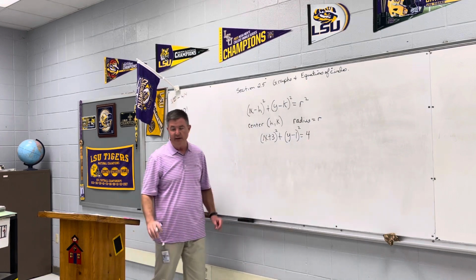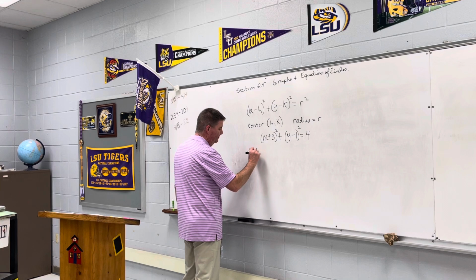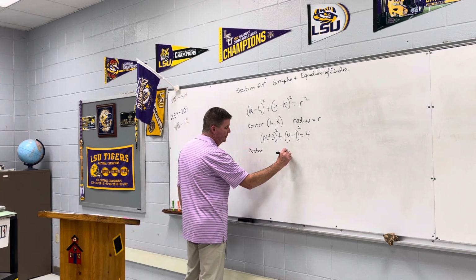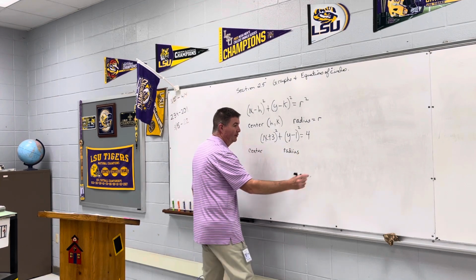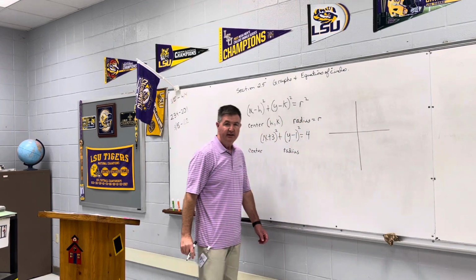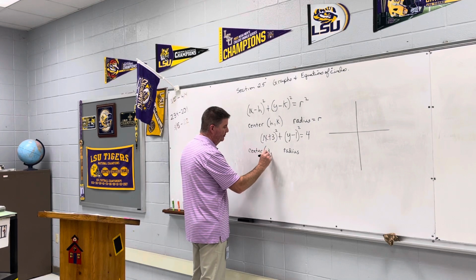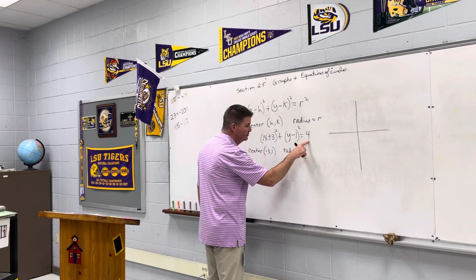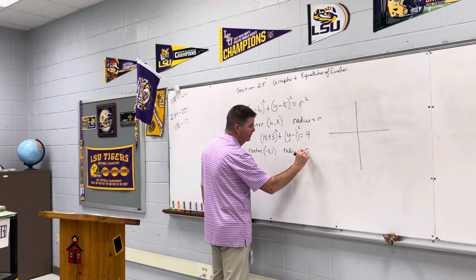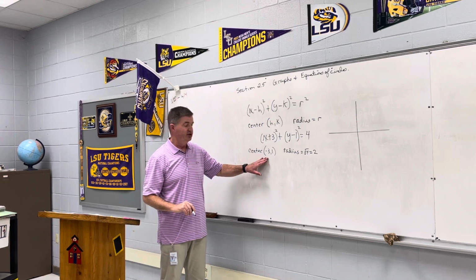This is our equation in standard form. They want us to find the center, find the radius, and graph. So when we graph, it's going to be on a coordinate plane. The center is the opposite, so therefore (-3, 1), and the radius is the square root of 4, which is 2. So now we have all the information that we need.